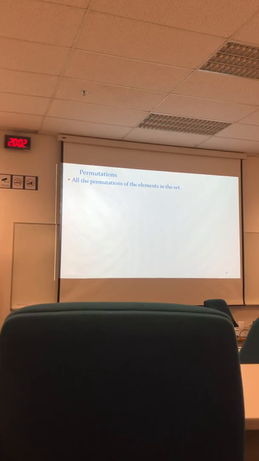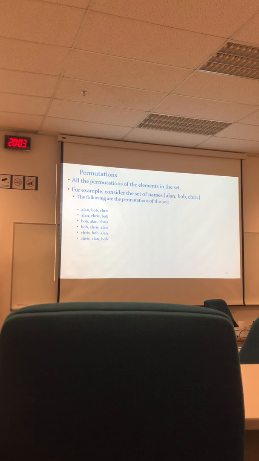So now here we talk about calculating the permutations of the elements in a set. Let's say the set has 3 names, 1, 2, 3. We want to calculate all the permutations, all the different arrangements between these 3 names.